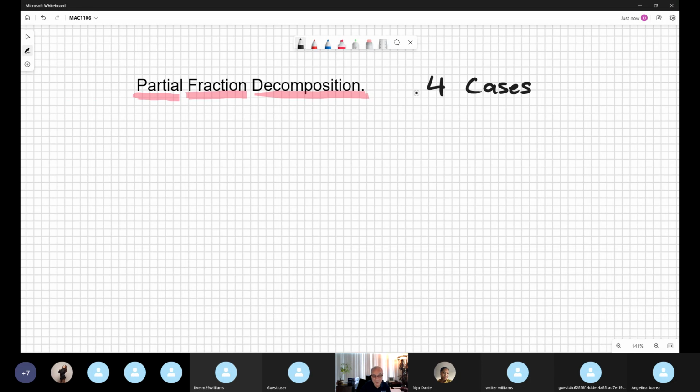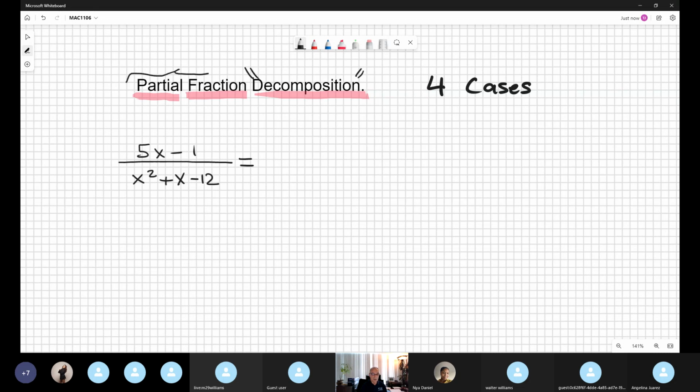Let me explain the first easy case, when you, for example, have this rational function: 5x minus 1 divided by x squared plus x minus 12. And you decompose it into different partial fractions.